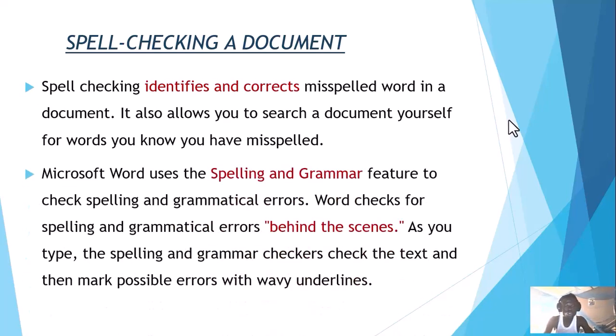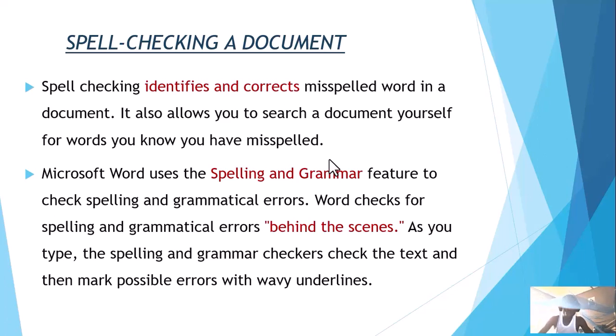Microsoft Word uses the spelling and grammar feature to check spelling and grammatical errors. So the tool which we use to check the spelling and grammatical errors in Microsoft Word is called Spelling and Grammar.